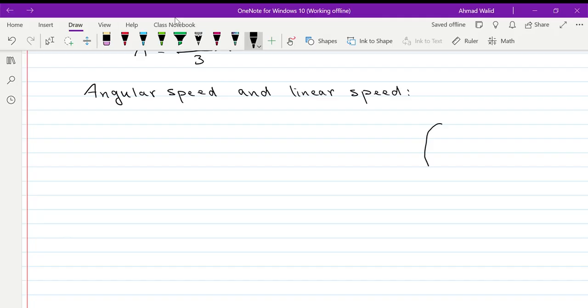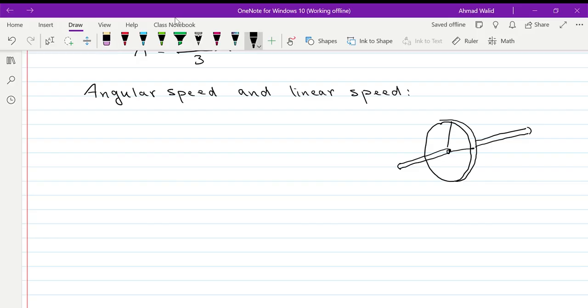Suppose we have a wheel like this. If I can draw a good wheel here for you, not a good one, at least a wheel. This is a wheel, right? And it rotates like this about its axis.